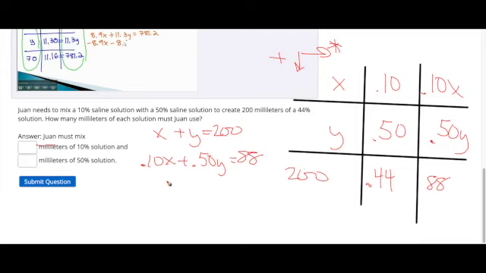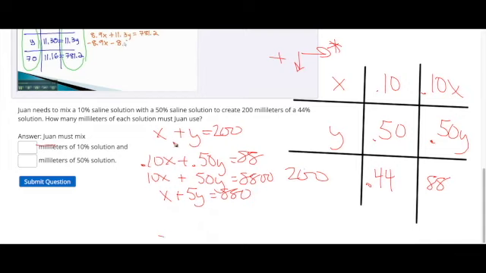I never did. I never will. I'm going to multiply by 100 to get rid of the decimals. That'll give me 10x and a 50y, and that's going to give me an 8800. That'll just clear things out a little bit. If I divide now by 10, I'm going to get x plus 5y equals 880.